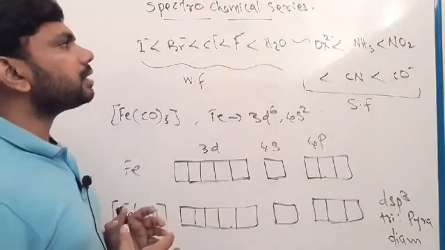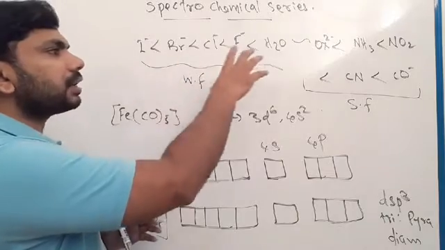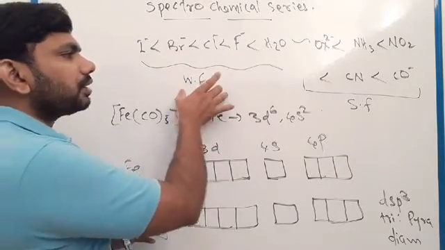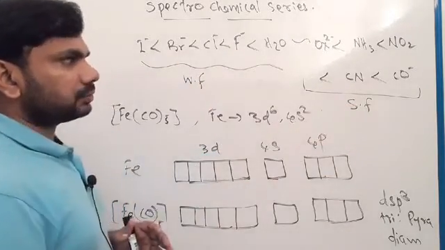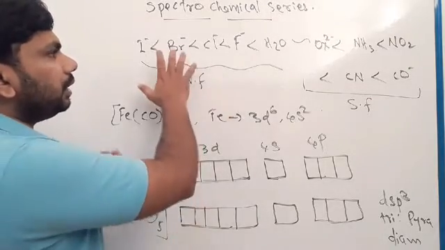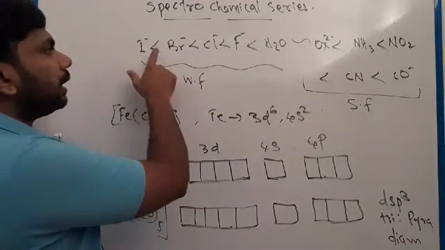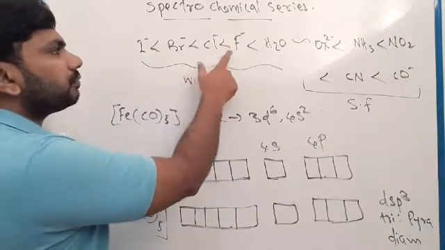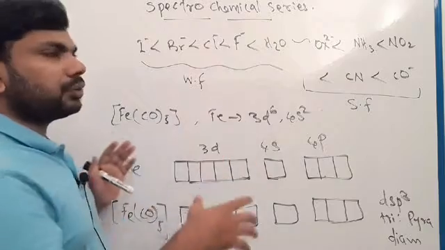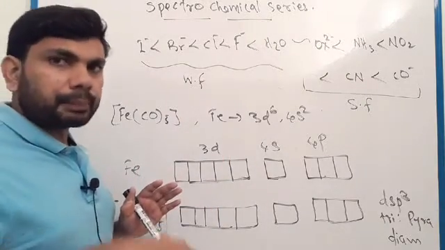Some ligands are given and they are arranged according to their weak field and strong field character. On the left part are halogens: iodide, bromide, chloride, fluoride.